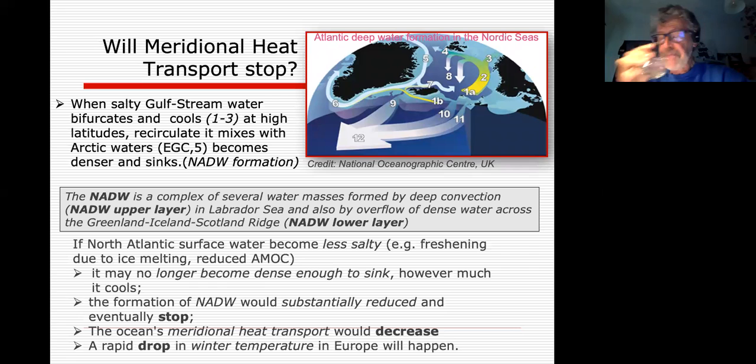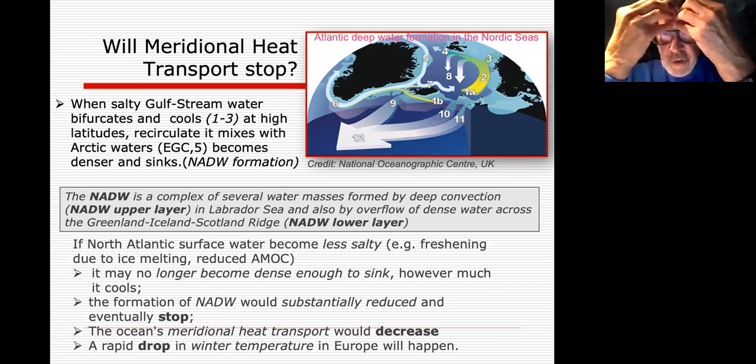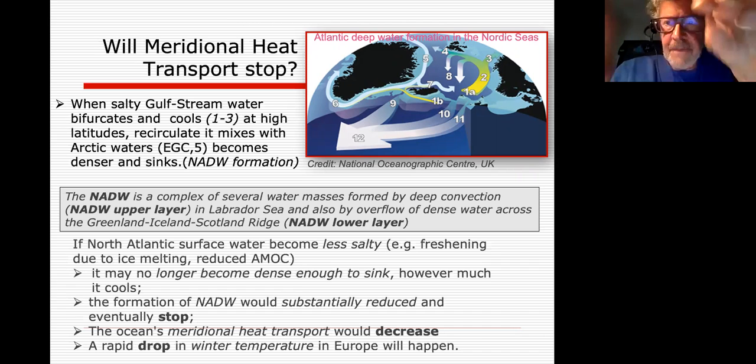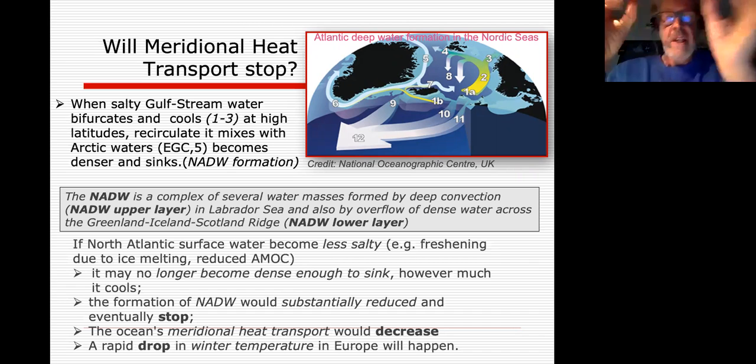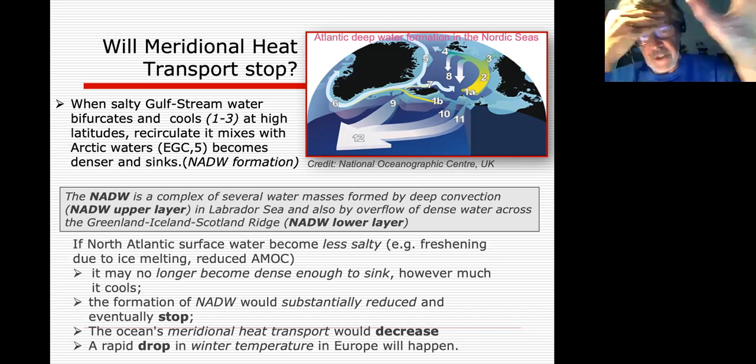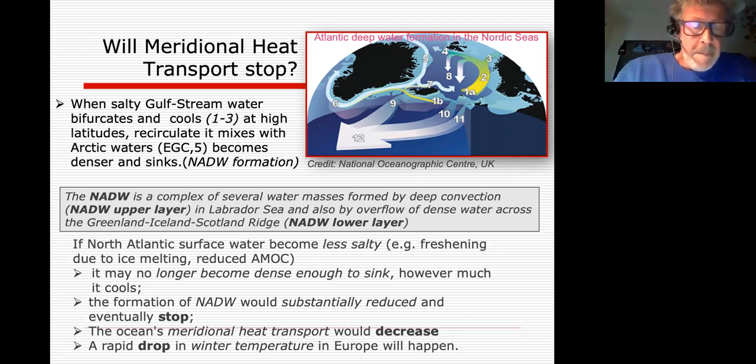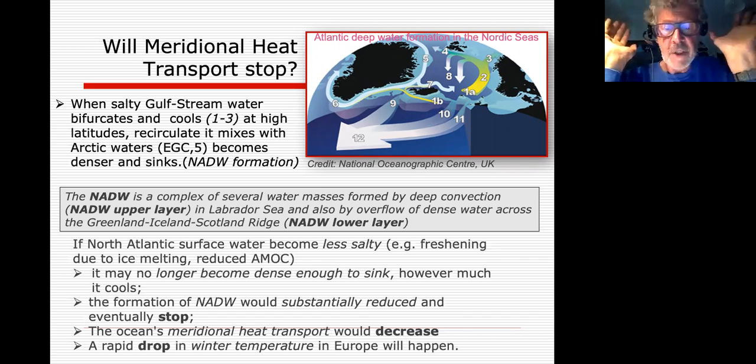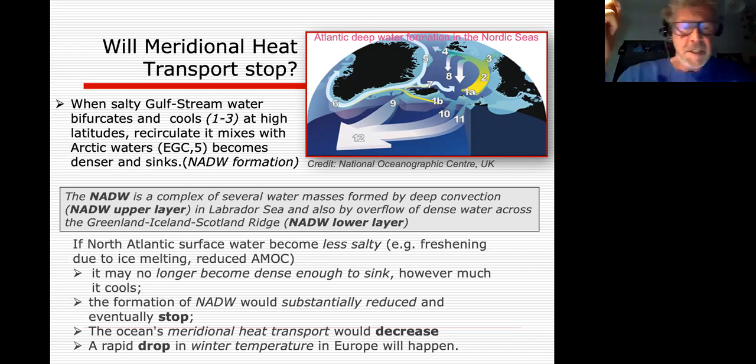So the net effect is that the water that is usually conveyed from this Arctic area into the formation zone could be no longer dense enough to sink, however much it cools.